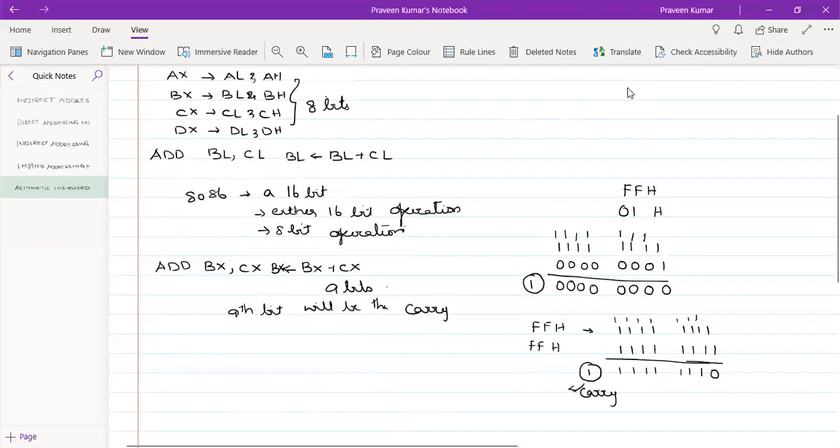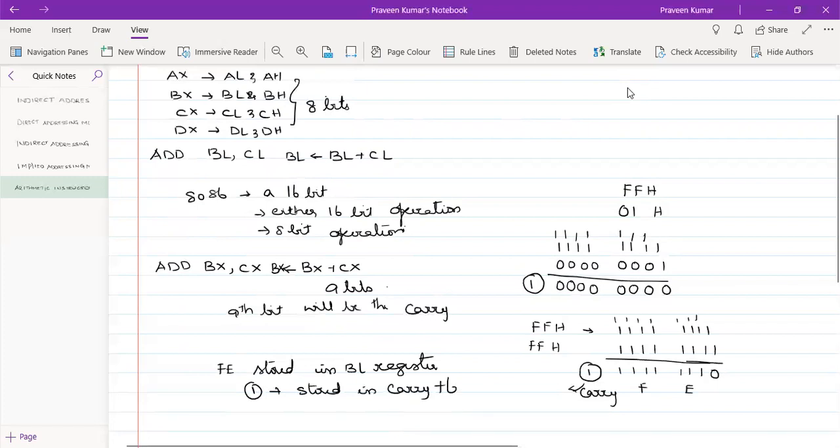So when I add FF plus FF, we are getting the value 1FE, where FE is stored in the BL register and 1 is stored in the carry flag.